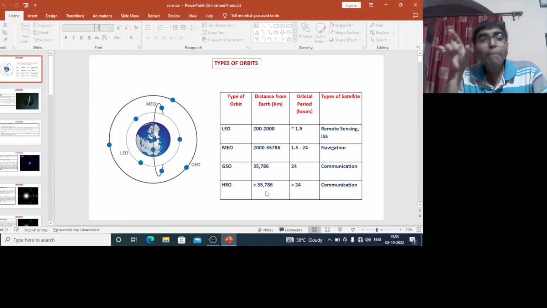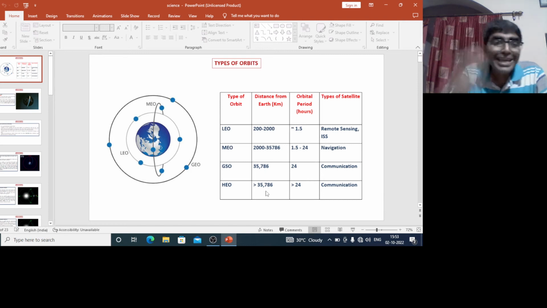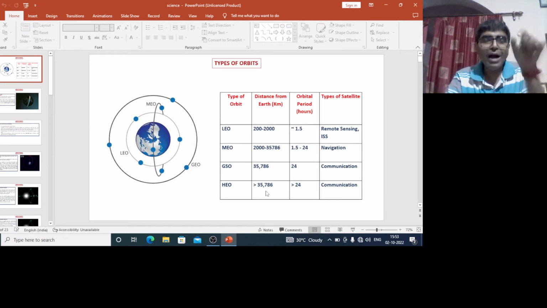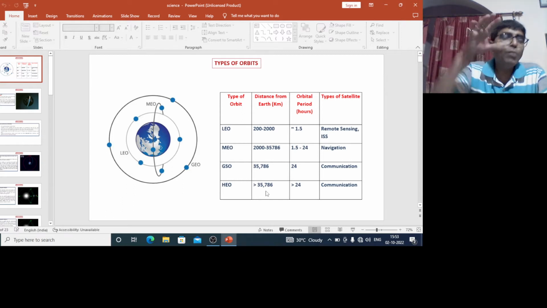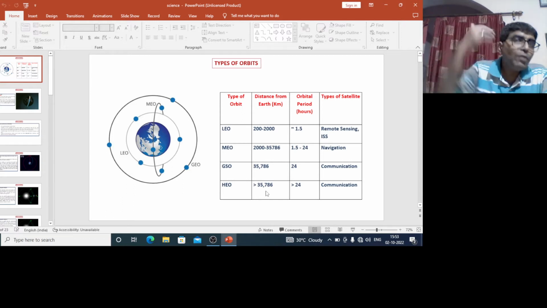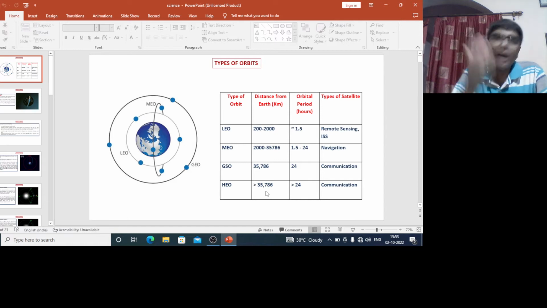Where will it place this spacecraft? It will be placed in the HEO, high Earth orbit. If you don't have that understanding, see what a high Earth orbit is. When you place a spacecraft in a high Earth orbit, you can have a much wider viewing angle.